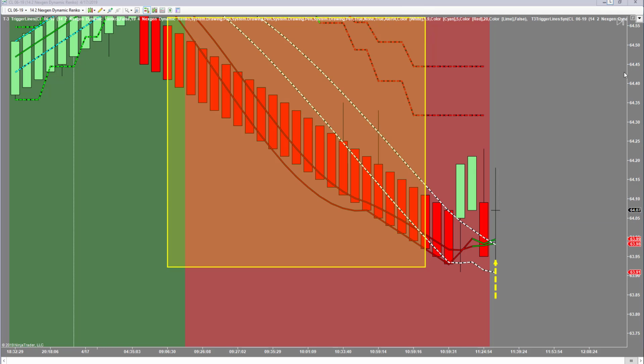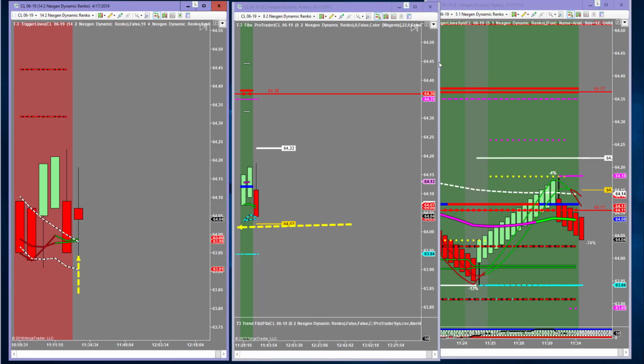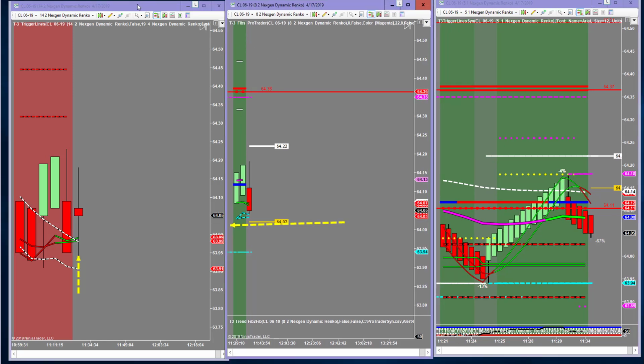All right, so right now we have no high probability trades. Agreed? There's nothing high probability about what we're looking at right here. Which means, go take a break. I'm going to get the charts reloaded back up again and get myself back to 100% here.